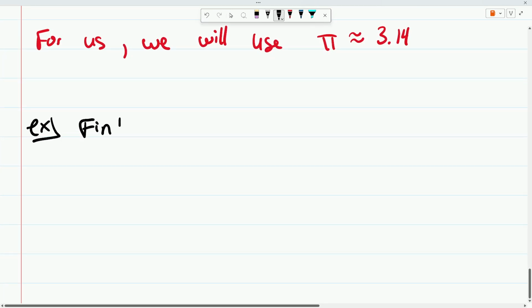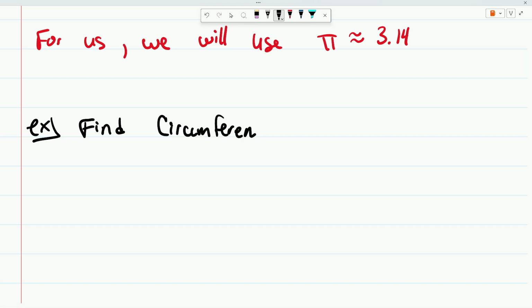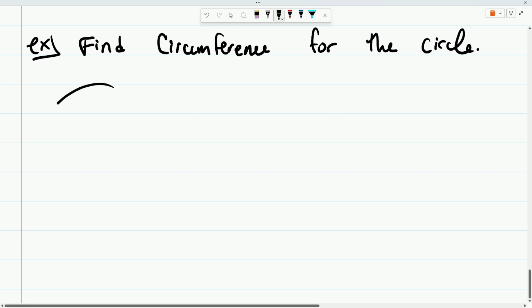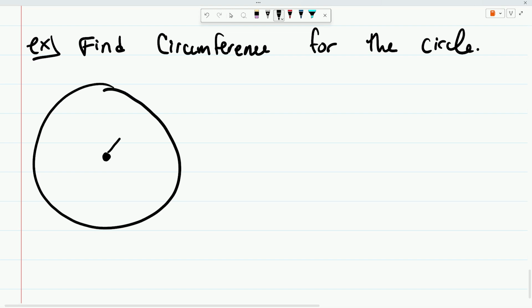So we want to find the circumference for the circle. Now, here's our circle right here. And it has a diameter of 15 yards. Okay?